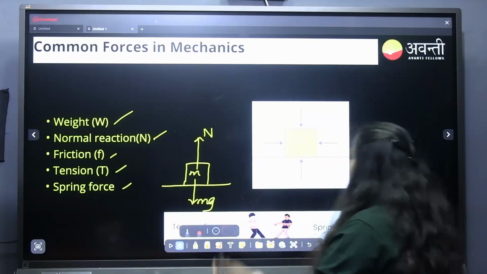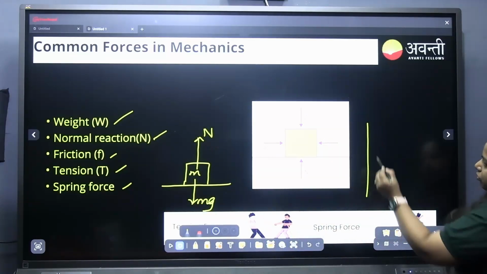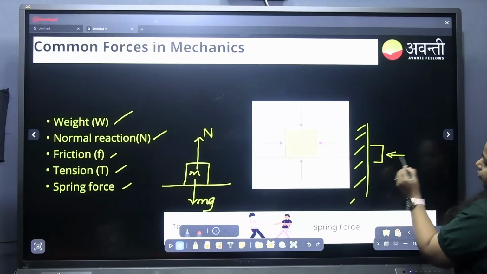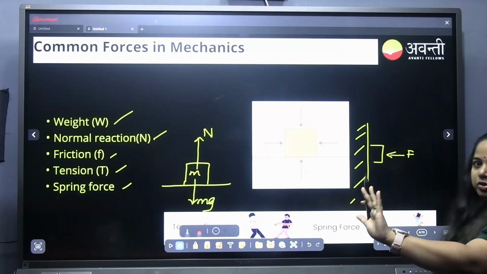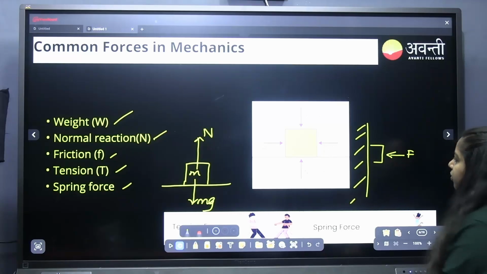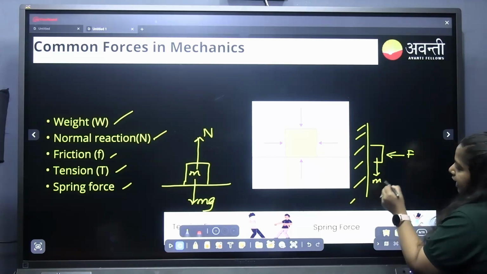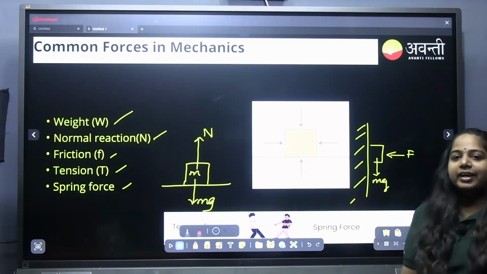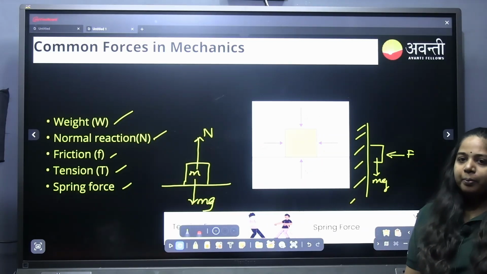Similarly, let's say there is a wall and you are applying force on the wall to hold something. So mg is acting downwards, F is acting in this direction, and both are getting cancelled, right? How?